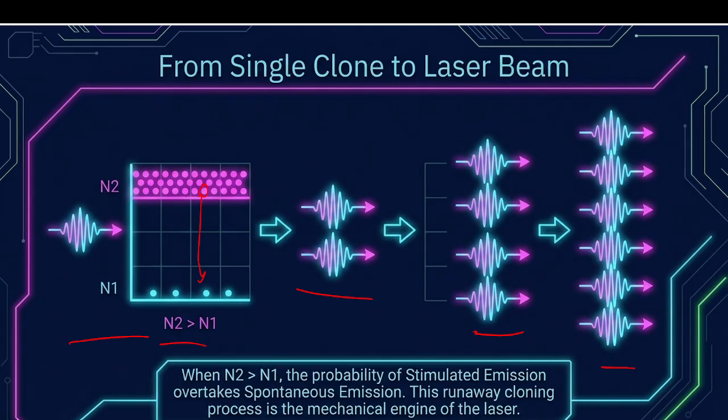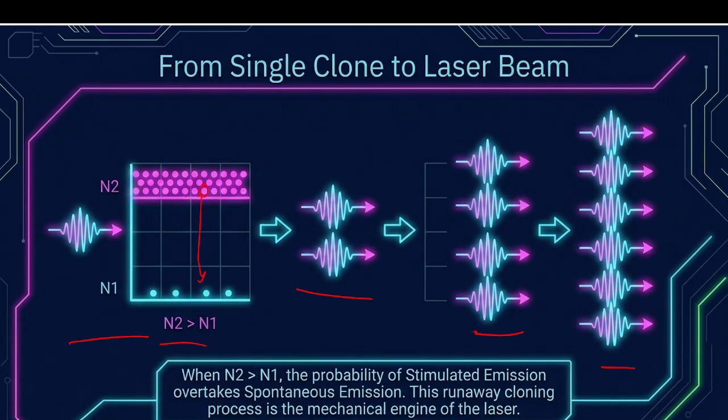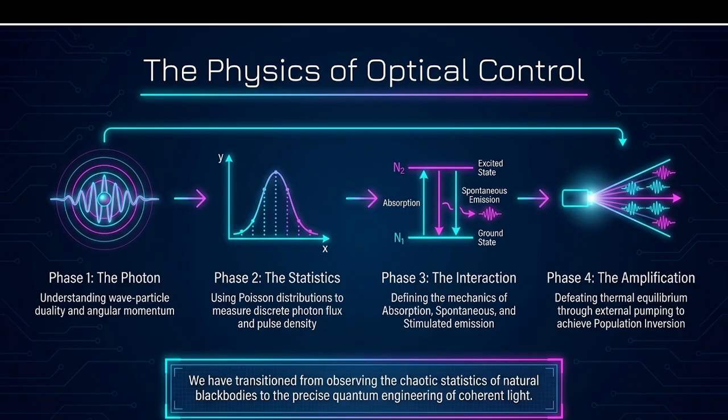When N2 is greater than N1, the probability of stimulated emission overtakes spontaneous emission. This runaway cloning process is the engine of the laser.